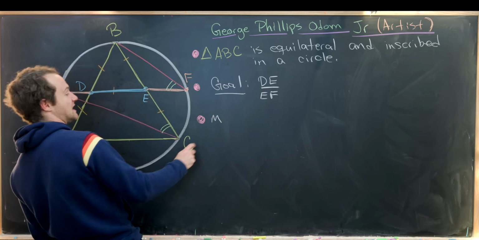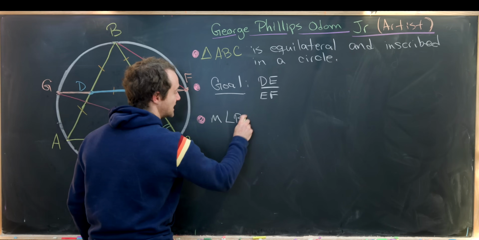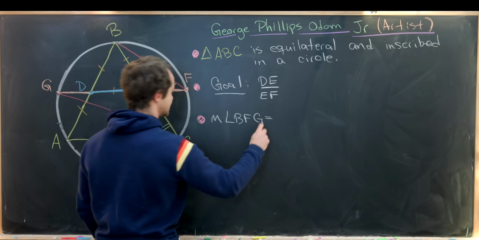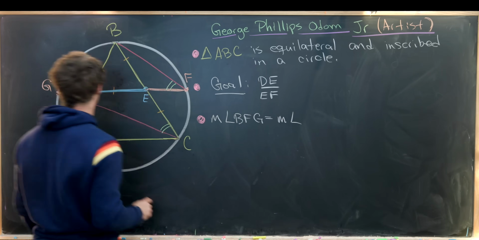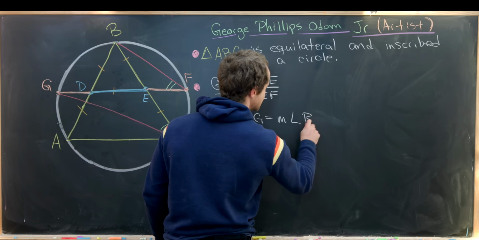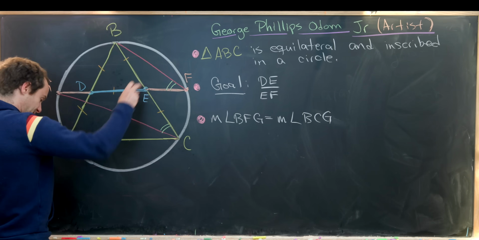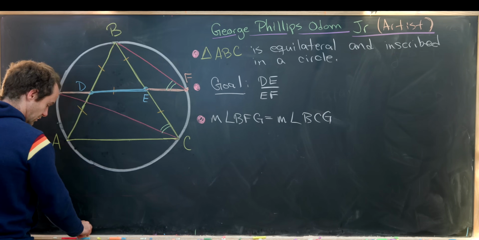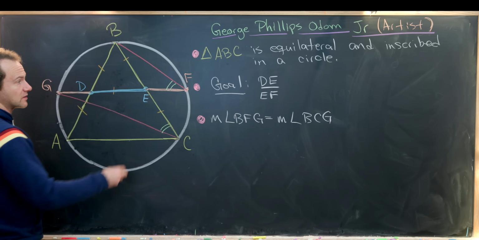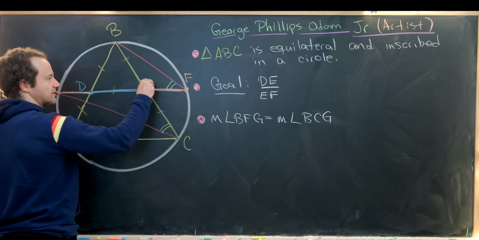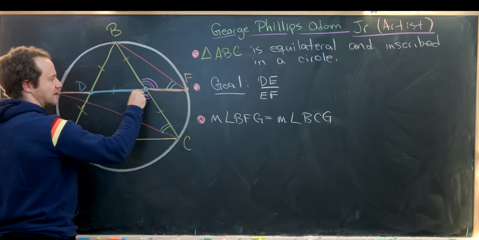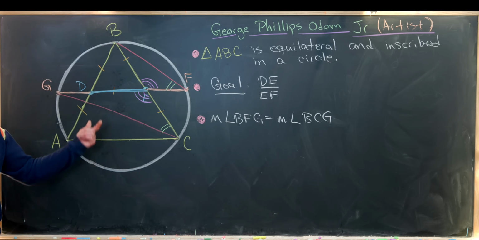So we see that measure of angle BFG is the same thing as the measurement of angle BCG. Then we can see that these angles are opposite of each other. And so that means that those are congruent as well. So I'll put like a triple hatch here to show that those angles are congruent.